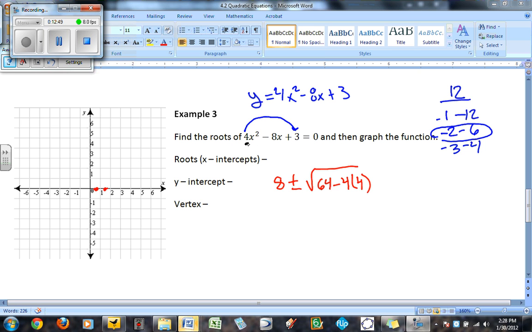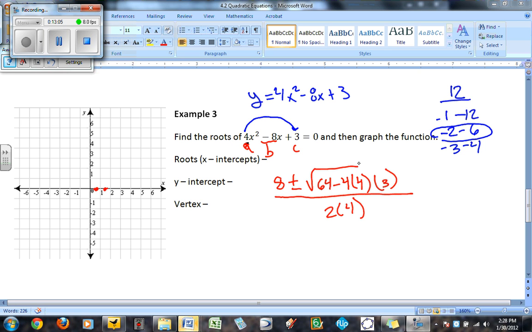This is my a value here, so it goes a, b, and it includes the signs, and c. So minus 4ac, which is 3, all over 2a, 2 times 4, which will be 8.